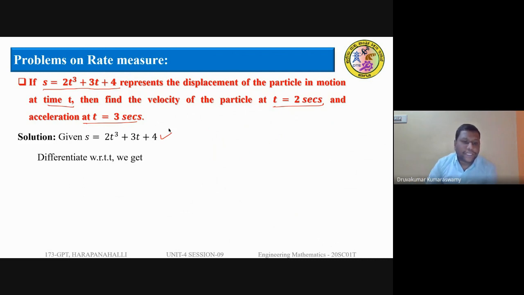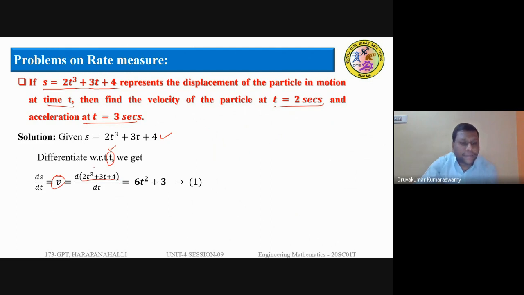We have to differentiate this with respect to t, not with respect to x. Okay, we have to differentiate with respect to t. We get ds by dt, that is velocity, is equal to the derivative of 2t cube plus 3t plus 4.